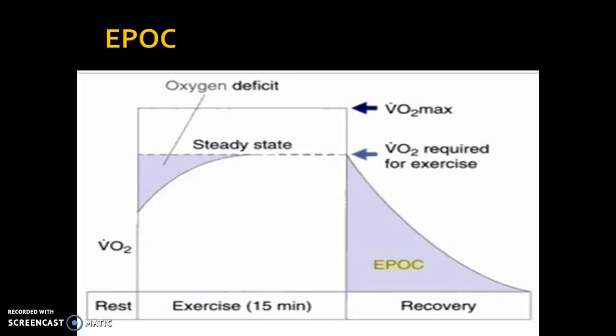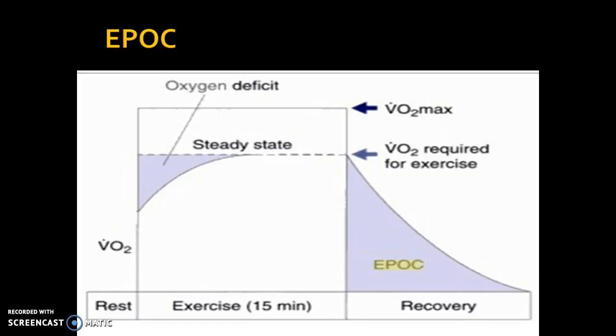It will then mean that EPOC, or excess post-exercise oxygen consumption, will be a lot bigger as well, because more O2 is needed for the body to repay its debt of oxygen.